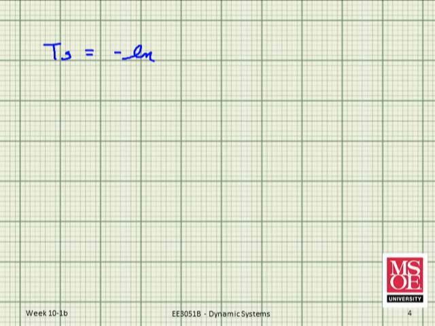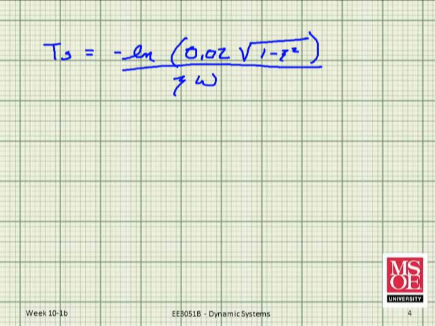It's minus the natural log of 0.02, which is the 2%, times the square root of 1 minus the damping ratio squared, all divided by the damping ratio zeta times the natural, or undamped, resonant frequency. This is equation 4.41 in the textbook, on page 181.